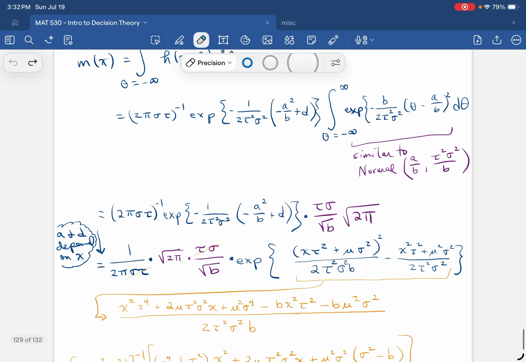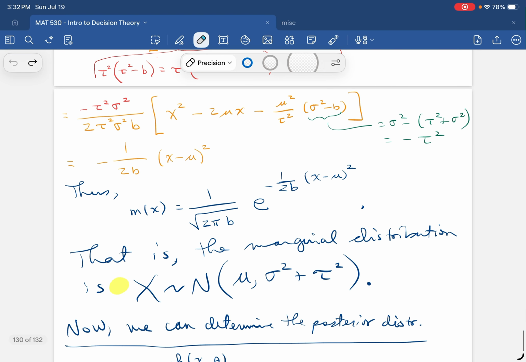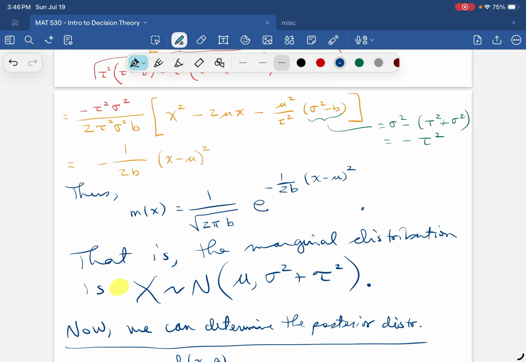And then continue simplifying from there, and we get that the marginal is this expression here. And again, we have seen this sort of thing before, a couple of weeks ago. You may want to take a minute and review the video titled Introduction to Bayesian Analysis, I think, or something like that.